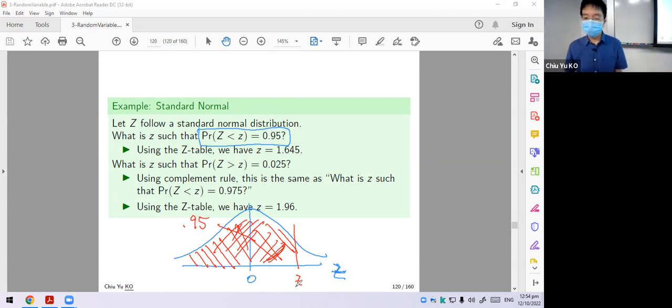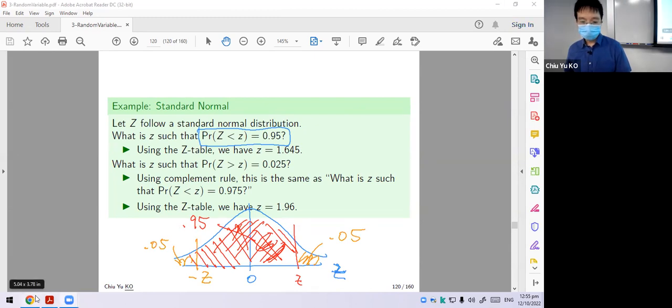So what we do is look at the Z table, look at 0.95, or use the orange way. This is 0.05, and you can look at negative Z, which gives 0.05. Either way works, but let's look at the positive way. Look at the red one; the red is 0.95.